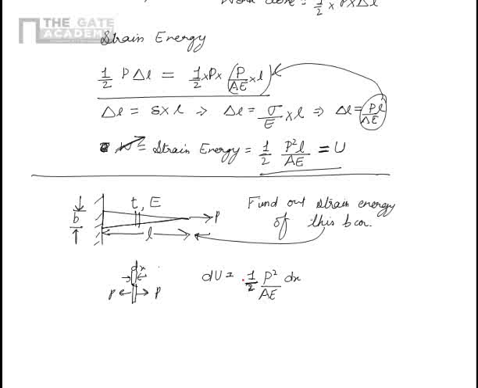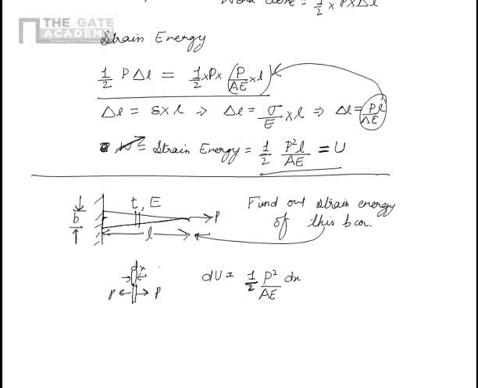Now here I know that P is a constant and E is a constant. So those two terms can be taken as a constant, and 1 upon 2 is of course a constant. But area of cross section, what is the area of cross section here? See, the width is B here, and it is 0 here.